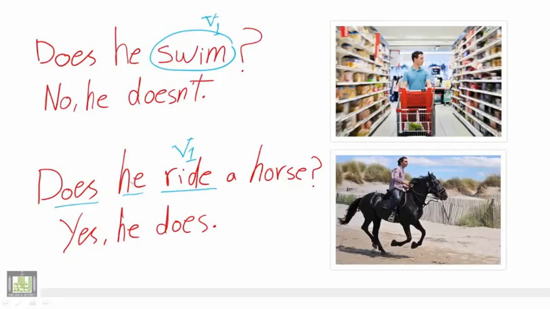So if we have here, for example, plural, we say do they, but because we have just singular, we say does he.